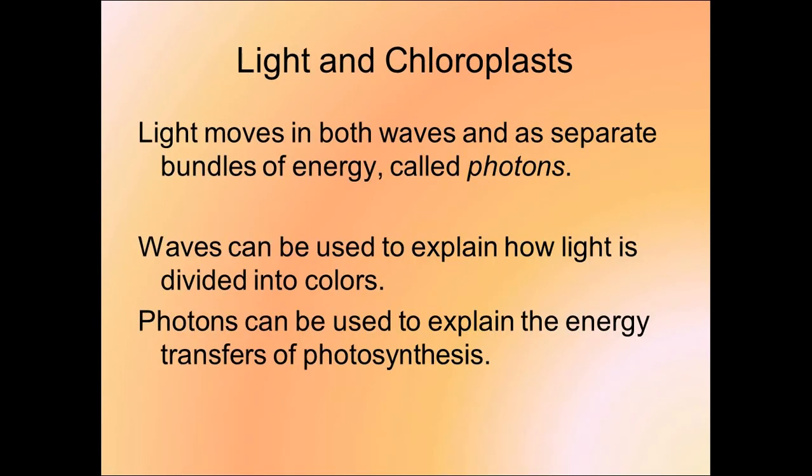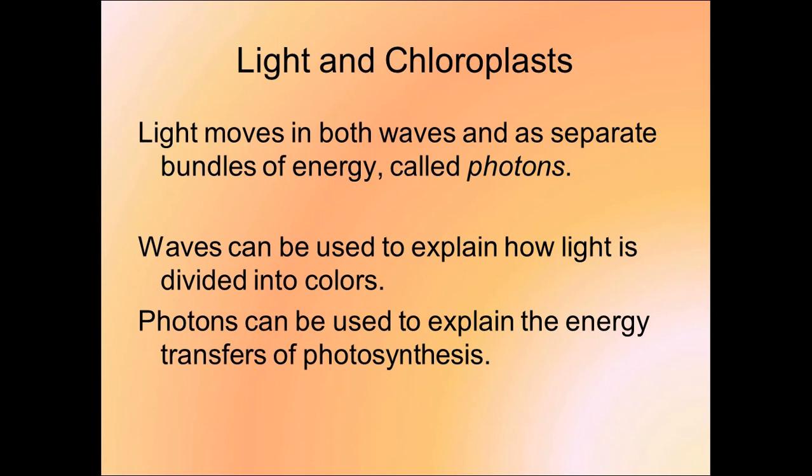As I said before, light is the most important part of photosynthesis. Light moves in both waves and as separate bundles of energy called photons. Waves are why we see light in different colors, why we see blue and green and red. And photons are individual little packets of energy that help to explain the energy transfers within photosynthesis.